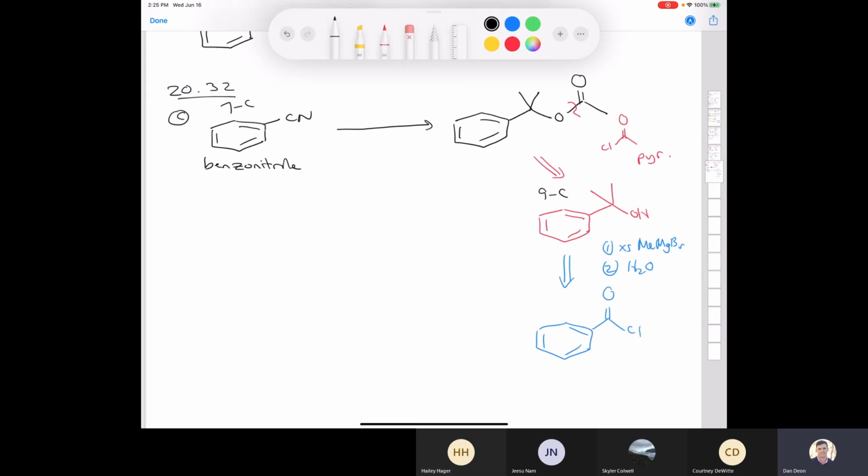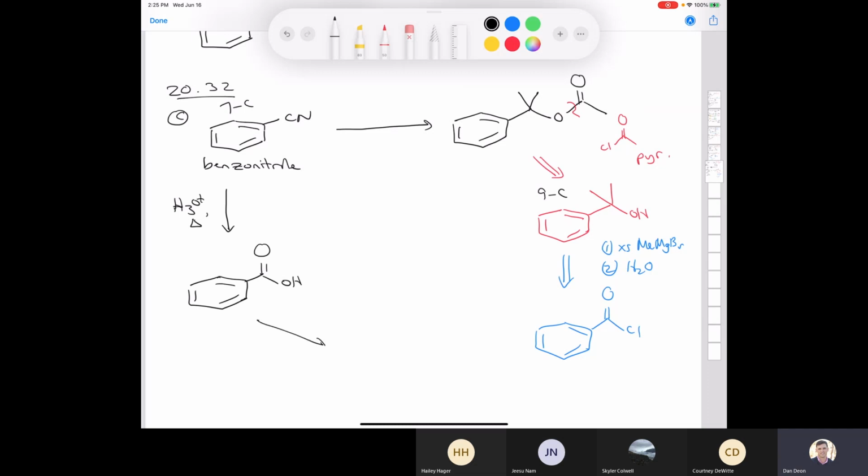If we want to go from the nitrile to the acid chloride, we all know how to convert the nitrile into a carboxylic acid. We treat it with aqueous acid, we heat it up, right? So we just heat it up like that, and that's going to convert this into the carboxylic acid like that.